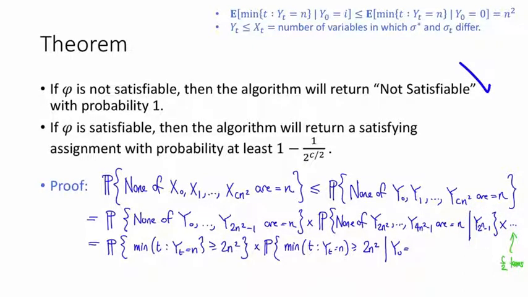Sorry, I just realized I made a little typo there. 2n squared minus 1, times dot dot dot.